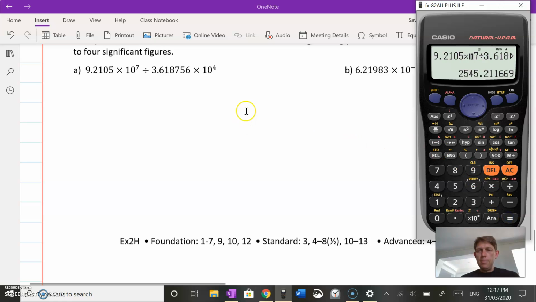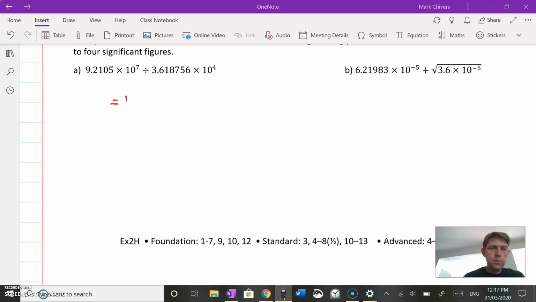Now that gets me a number, so the first thing I could do is I could write that number down, 2545.211 or 212. Obviously that's rounded, so I won't use the equal sign, I'll use the approximately equals to sign.